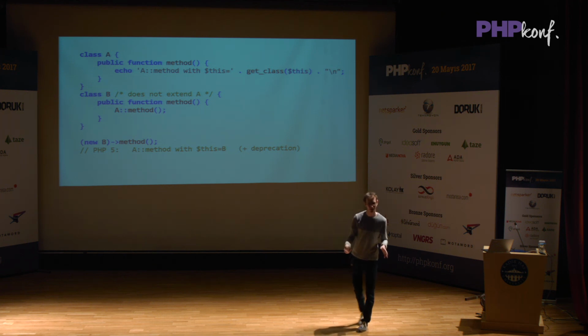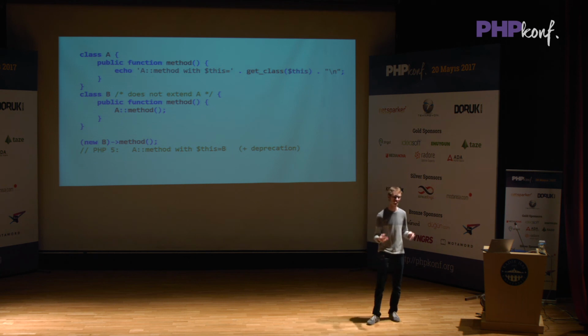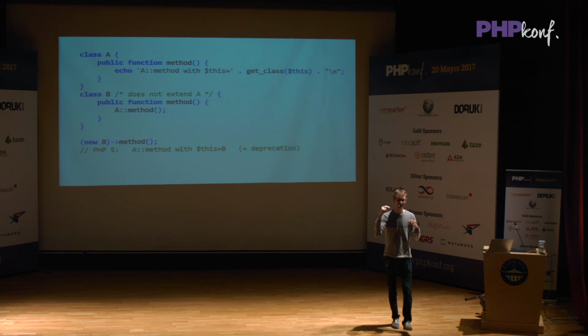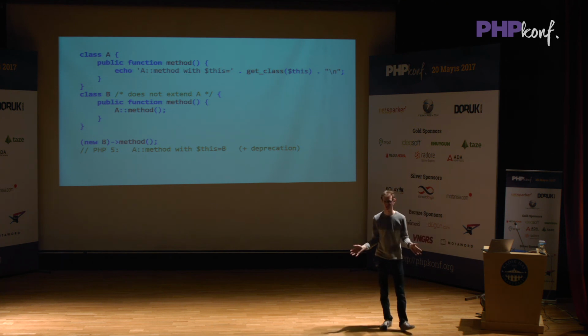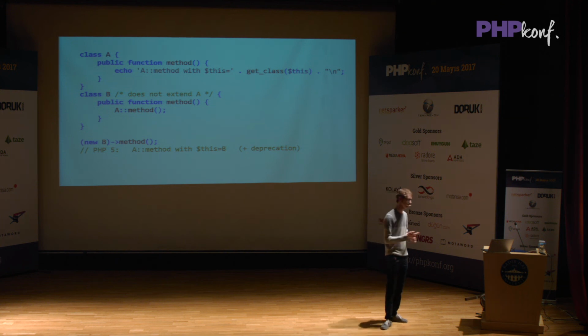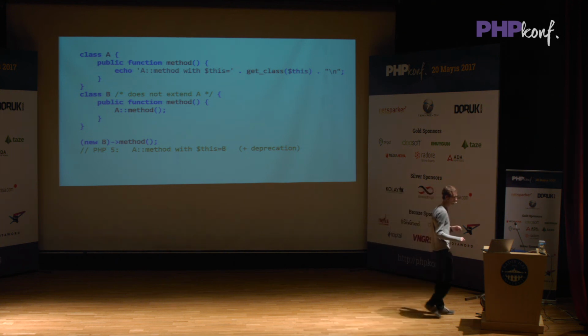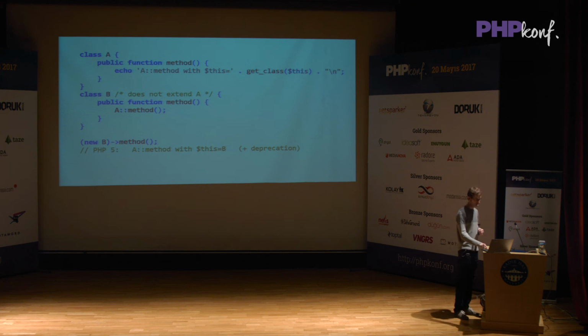So in PHP 5, it was possible that you are inside the method on a certain class, and the this value you get is not related to the class at all, which is unexpected.